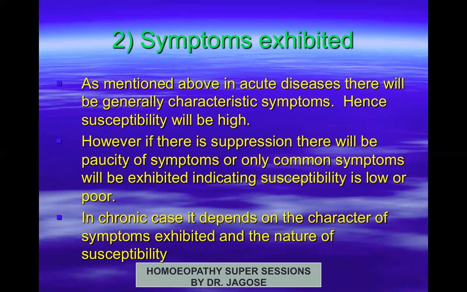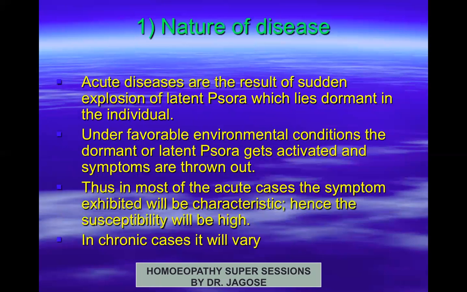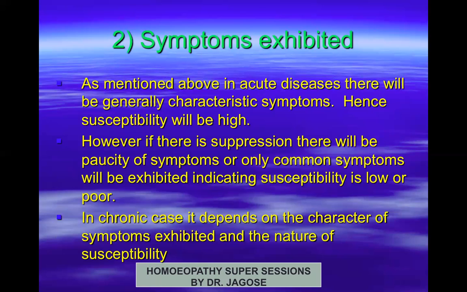So this point has to be taken in conjunction with point number one, the nature of the disease. That means what? In nature of the disease, you're getting acute, and in the symptom exhibited, you're getting characteristic. So both of them have to be taken in order to reach some conclusion. So if the disease is acute and the nature of the symptom exhibited is characteristic, therefore we can conclude susceptibility is high.